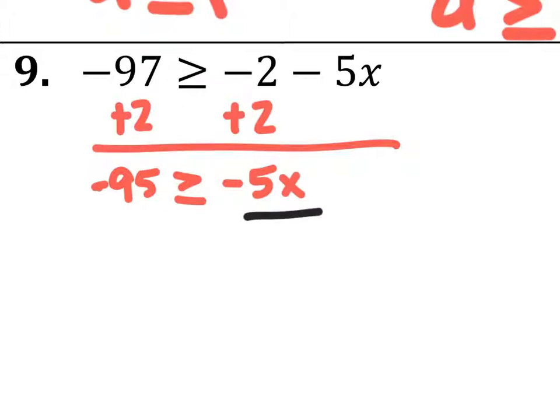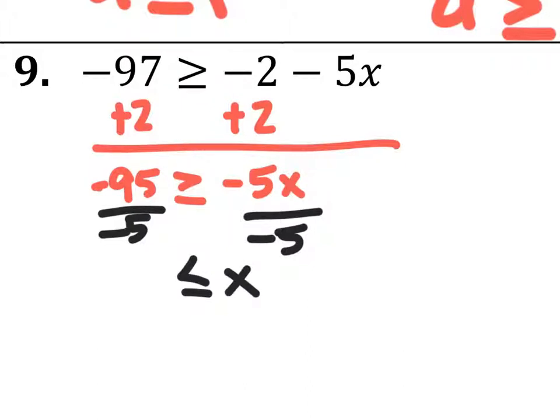Then we're going to divide by a negative, which is going to flip the inequality. So we got to flip it from a greater than to a less than. We're going to get x on this side, and 5 goes into 95 19 times.